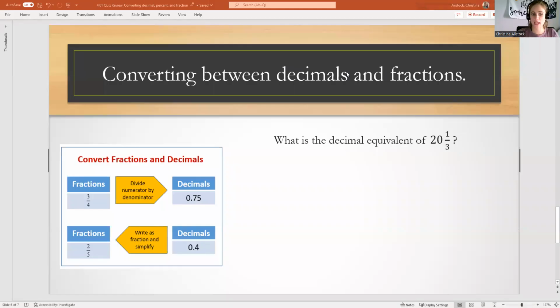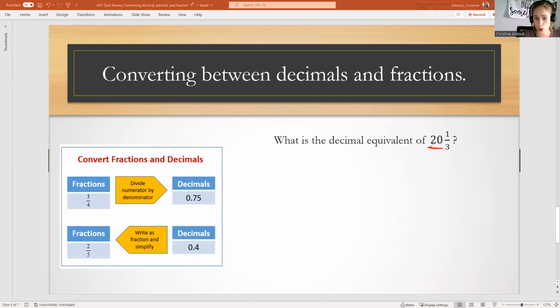All right, here's our final example. We want the decimal equivalent of 20 1/3. When you have a mixed number, it's not super different than if you just have a regular fraction. The whole number aspect here of our mixed number, that 20, is a whole 20.